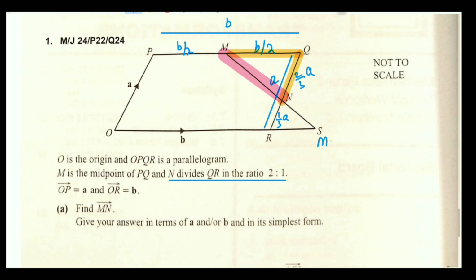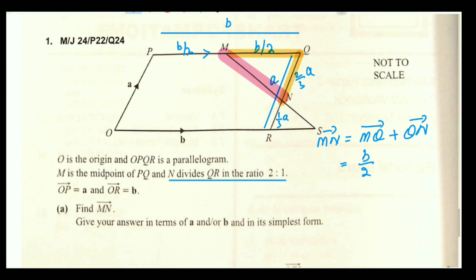MN vector is equal to MQ plus QN. So what is MQ? MQ is B over 2, and for QN you also have to check the arrow, its direction is towards R, so this will also be like that.